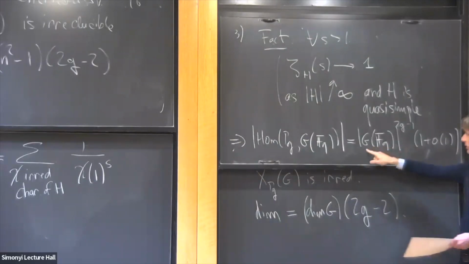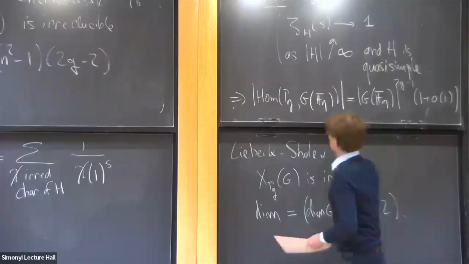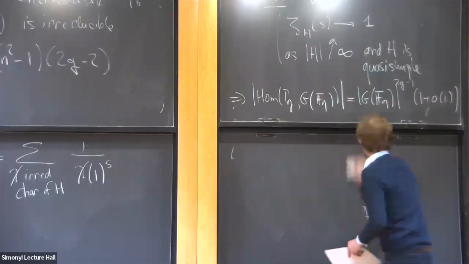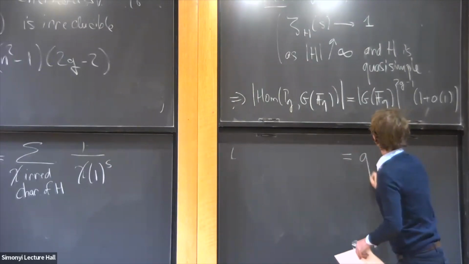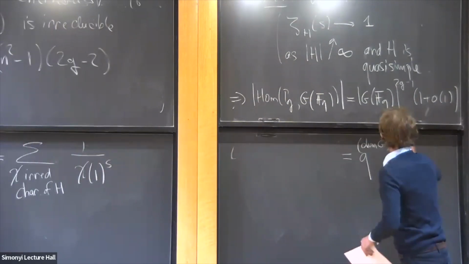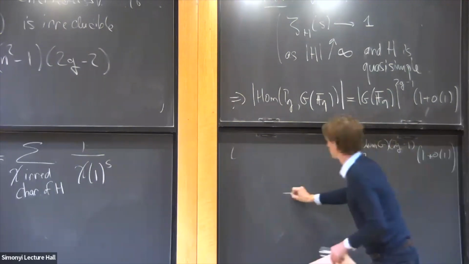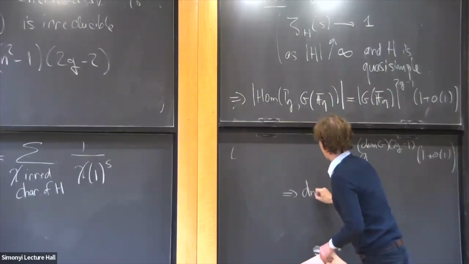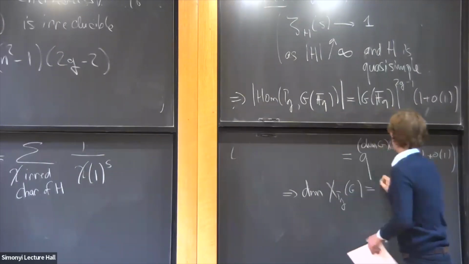But G is connected, so there is only one connected component. So this gives, sorry, I'm just erasing what I wrote here, that's going to be dimension of G times 2g minus 1, or 1, and you conclude from this that the dimension of the character variety is what you expect it to be.